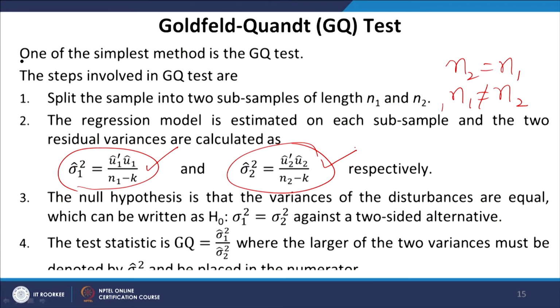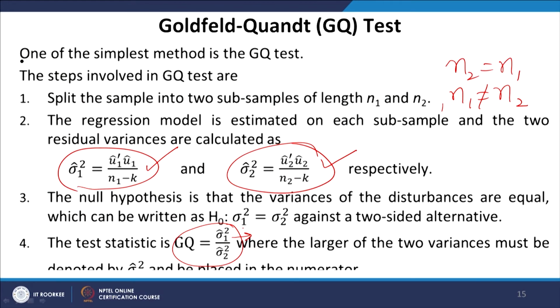The test statistic, denoted by GQ following Goldfeld and Quandt, is written as sigma 1 hat square divided by sigma 2 hat square, where the larger of the two variances must be denoted by sigma 1 hat square, or it should be in the numerator. Now, this may correspond to any one of the samples.